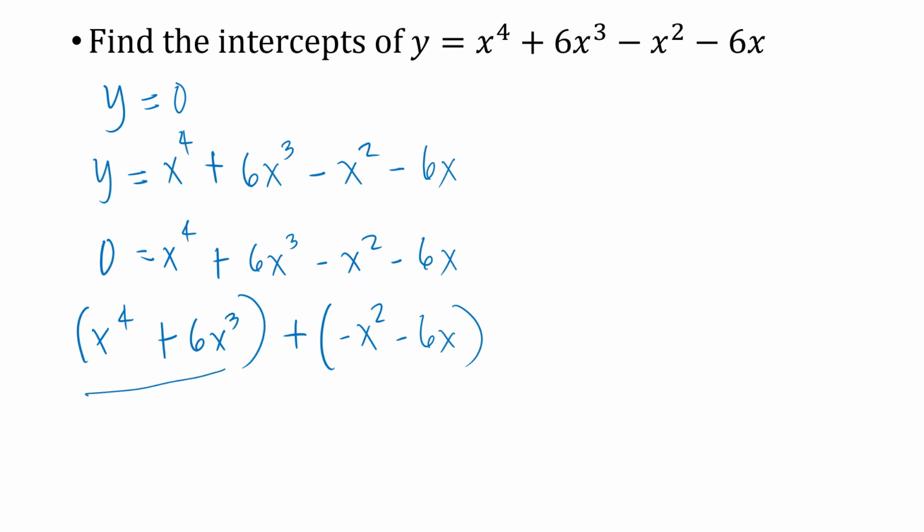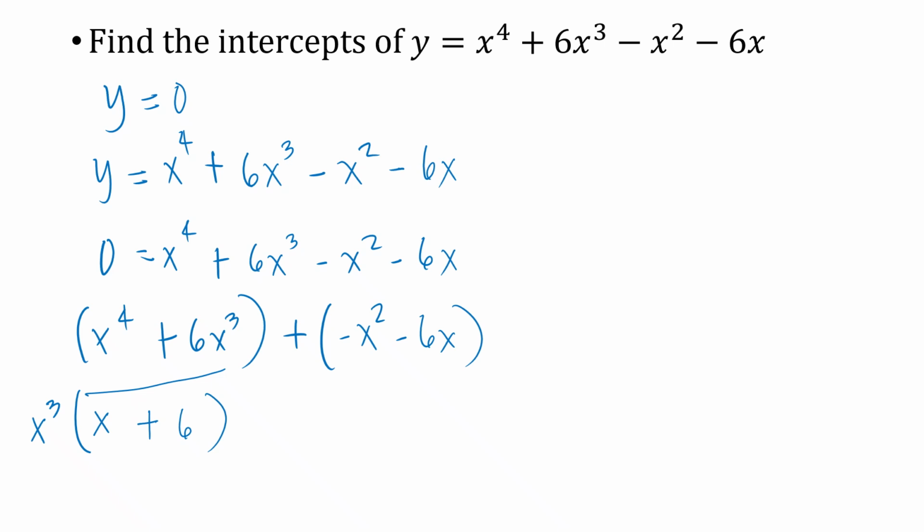The common factor between x to the power of 4 plus 6x cubed is x cubed. So we're going to factor out x cubed. Then yung natitira na lamang sa loob ay x plus 6. Diba? Dahil kung i-distribute ito, babalik sa original form.